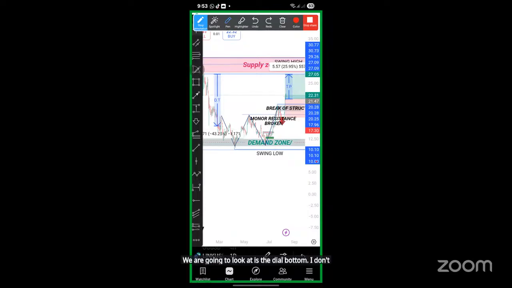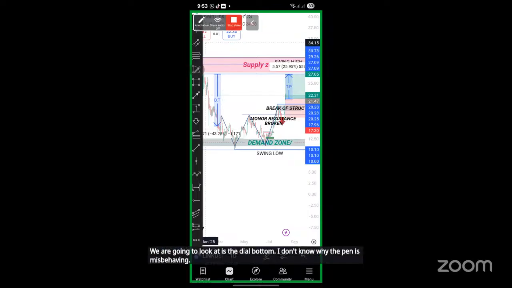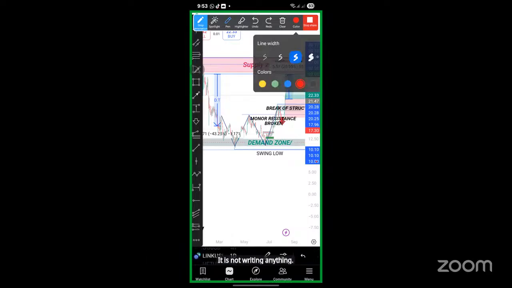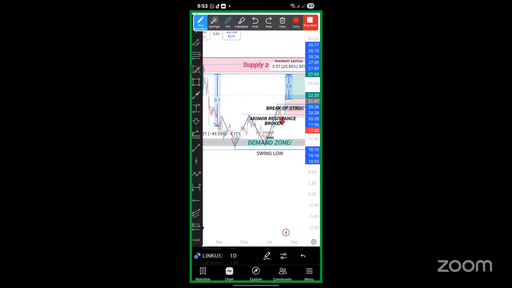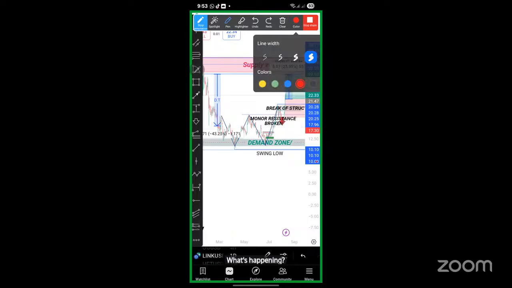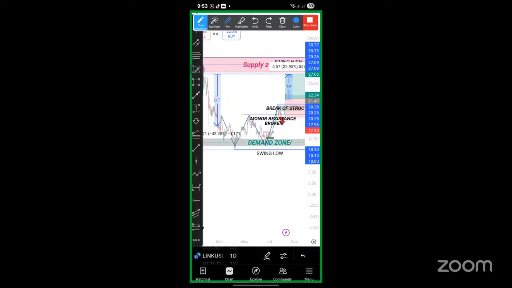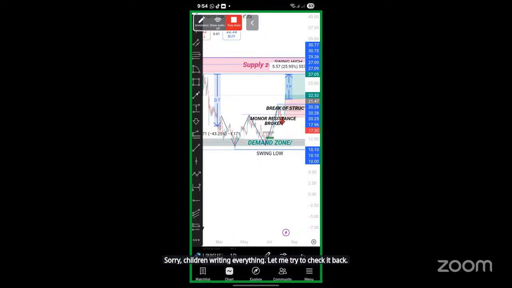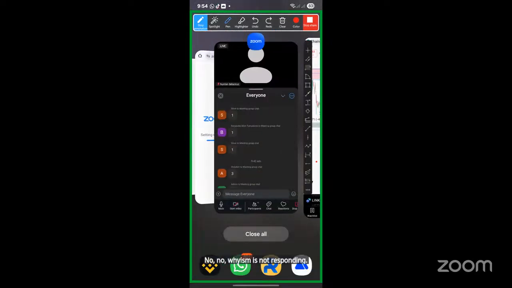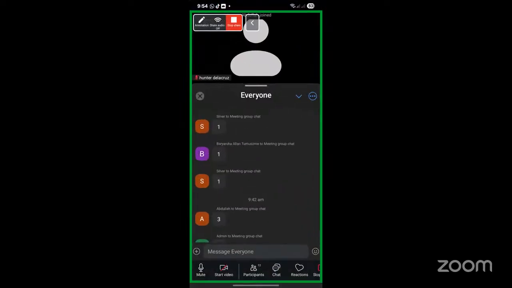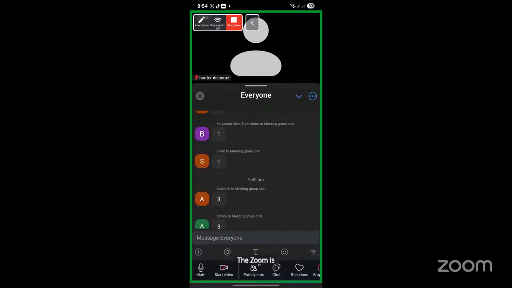I don't know why the pen is misbehaving. It is not writing anything. What's happening? Sorry, it is not writing anything. Let me try to take it back. I don't know why the Zoom is not responding.